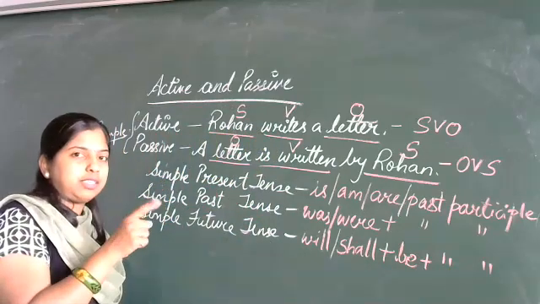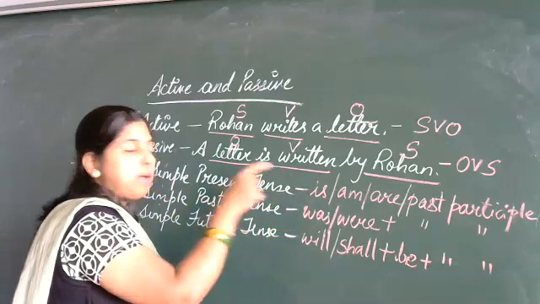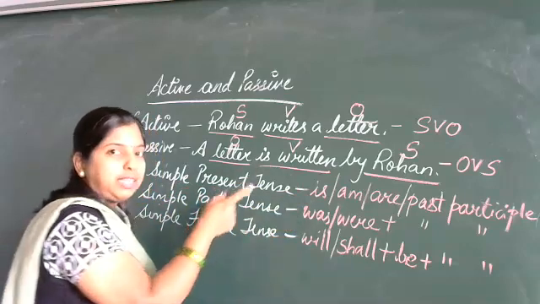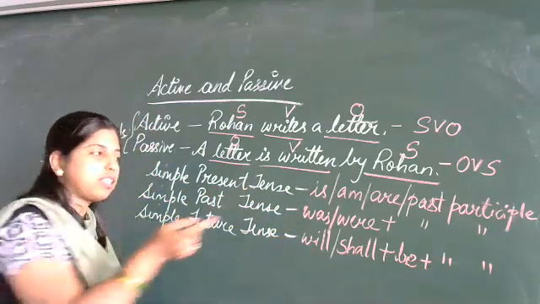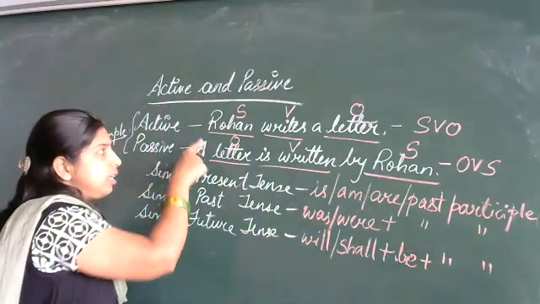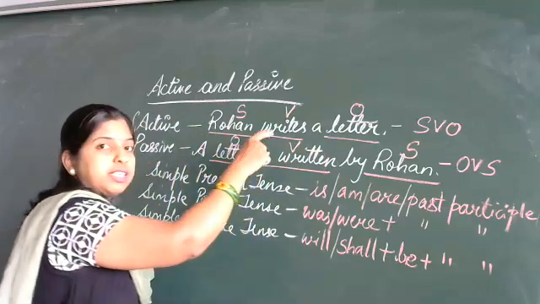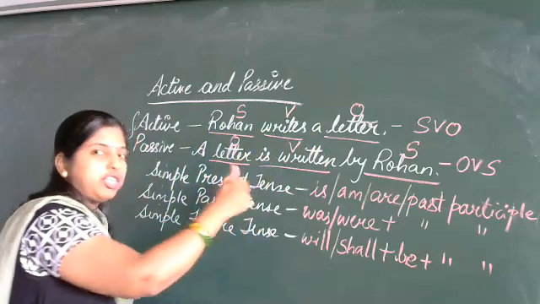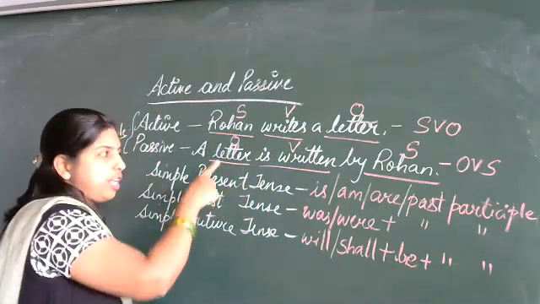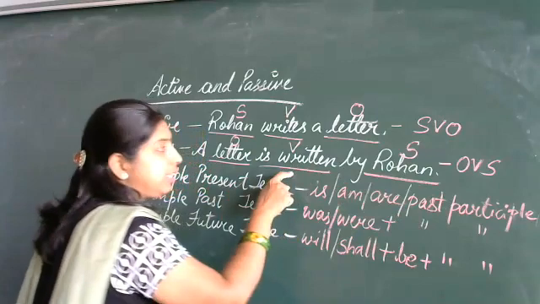The active sentence will be in the present tense. Okay, that time when you have to change it into the passive, you have to make use of these words as I have done here. The first sentence here, see, Rohan writes a letter. Writes, it is in present tense, but when you have changed into passive, what change you have made? You have added is, and then the past participle here, written.